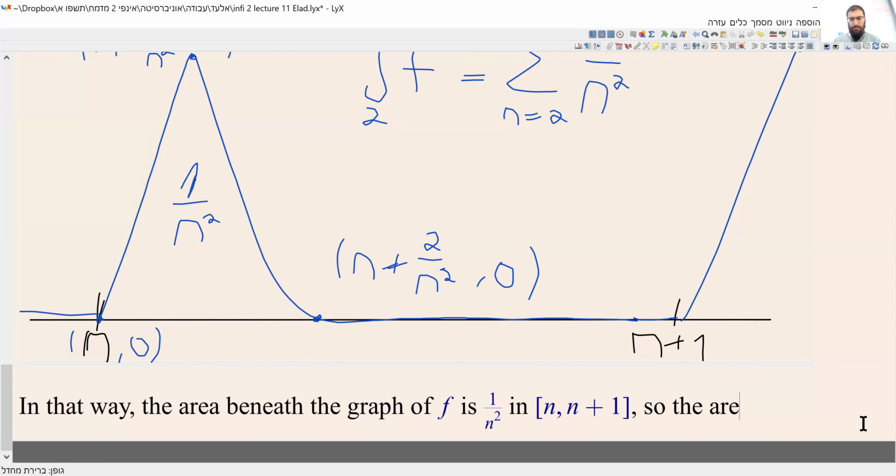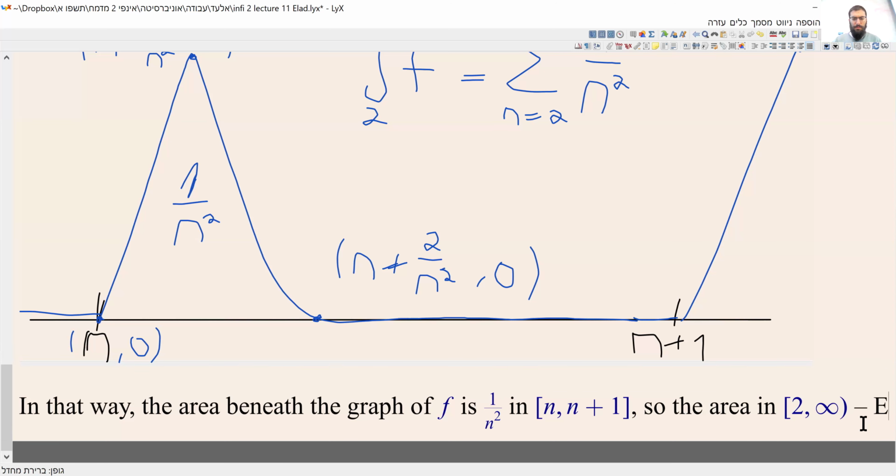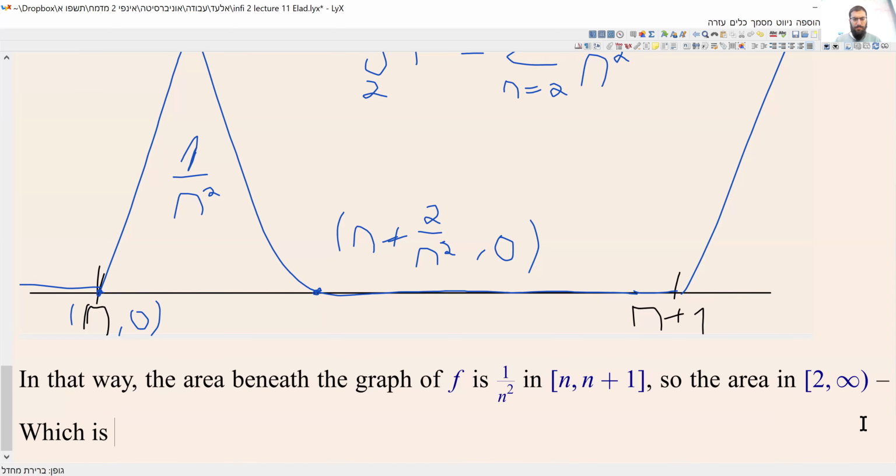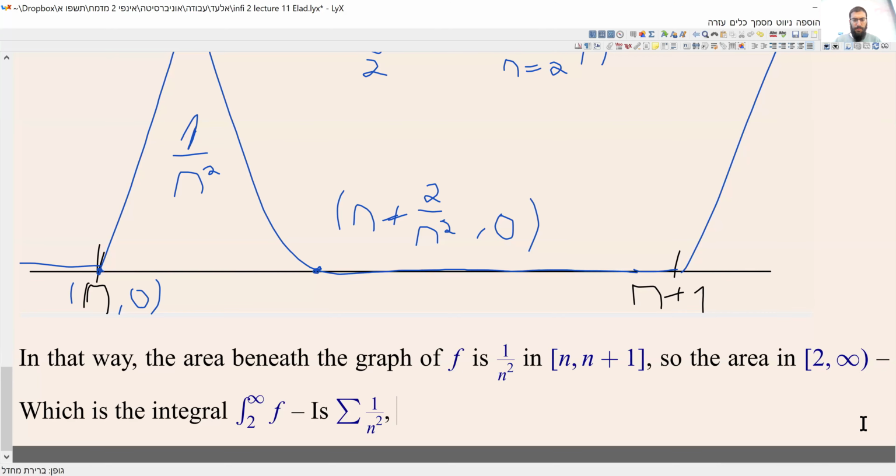So the area from 2 to infinity, which is the integral, is the series of 1 above n squared, that we know to be convergent. So we have a convergent integral.